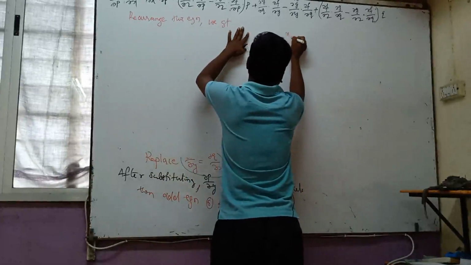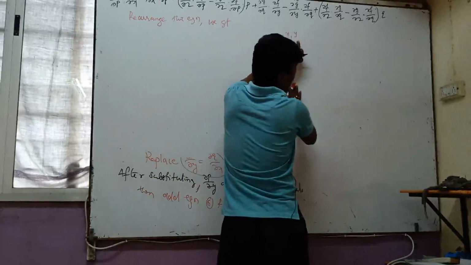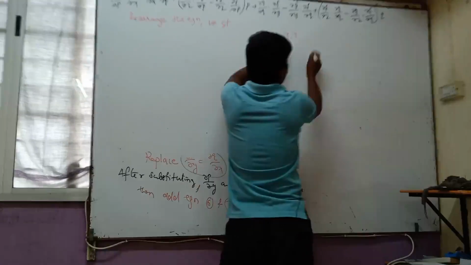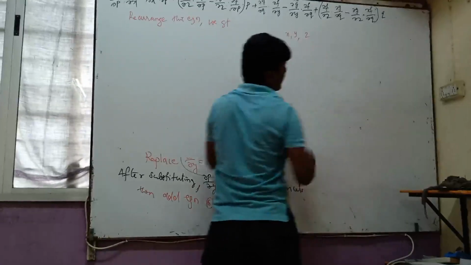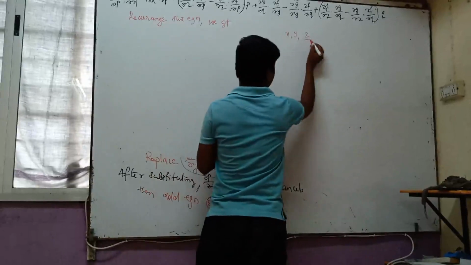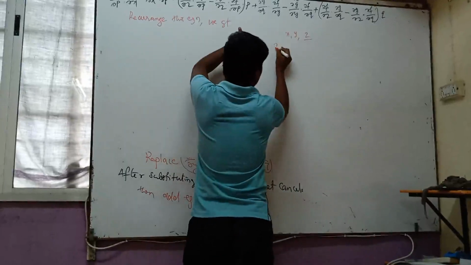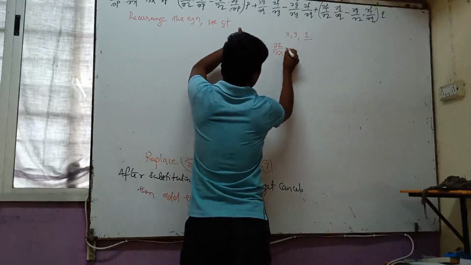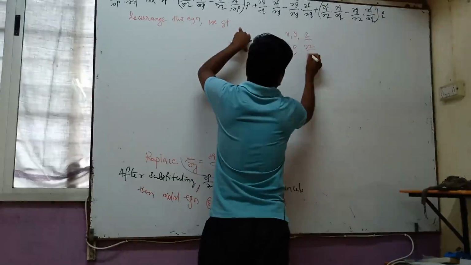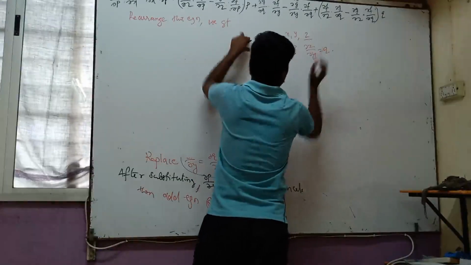I know that for x, y are the independent variables and z is the dependent variable. Remember, this z is a dependent variable, and now we also know that ∂z/∂x is equal to p and ∂z/∂y is equal to q.